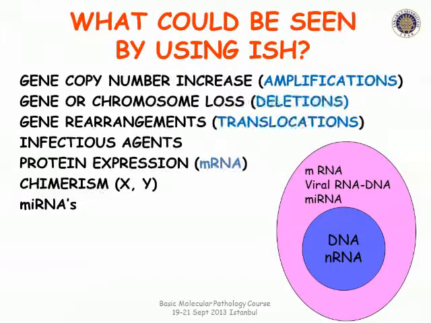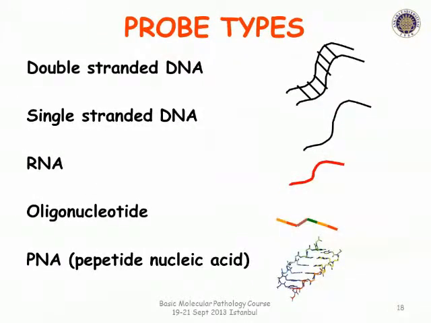We can even see protein expression indirectly by showing mRNA using in situ hybridization. In transplanted patients, chimerism can be examined by in situ hybridization, and now microRNAs are becoming important, and in situ hybridization is also useful for detection of the microRNAs.